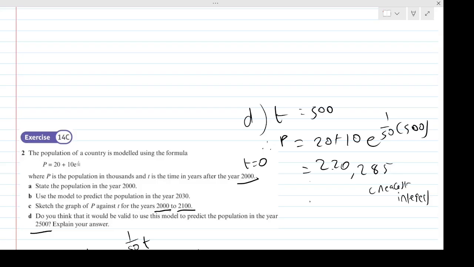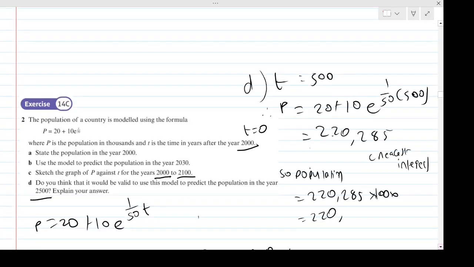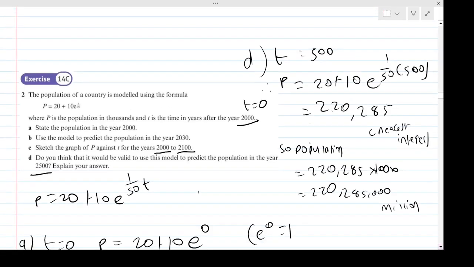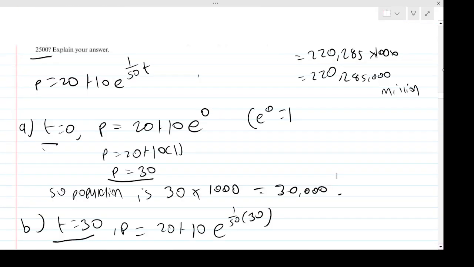Obviously that's P, so the population is going to be times by 1,000. That would be actually 220 million. Extraordinary number, nearly a quarter of a billion people, which is interesting. In 500 years, we've started with a population of 30,000, and then we've gone up to nearly a quarter of a billion in 500 years.